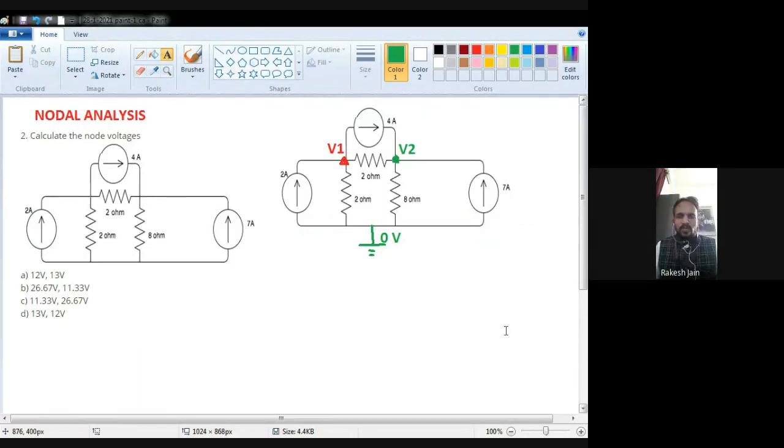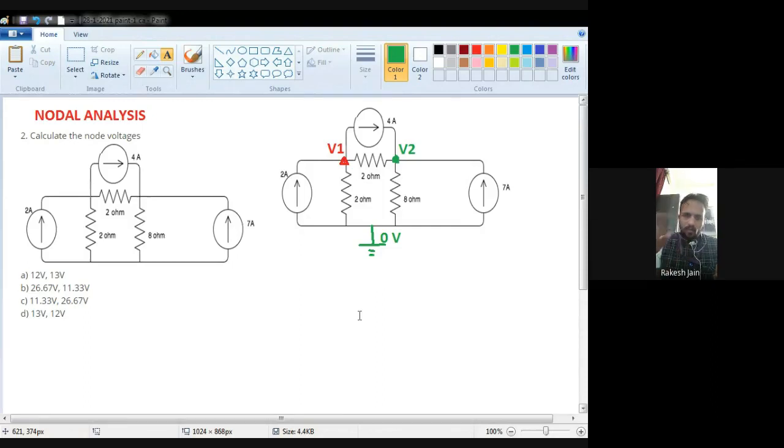Now we have to write down the equations for those nodes. After determining the nodes, mentioning the node voltages and the reference node connected to ground, the next step is to write down the node equations. And what is the rule for the node equation? If a current is coming towards the node for which you are going to write the node equation, write down the value of that current with negative.